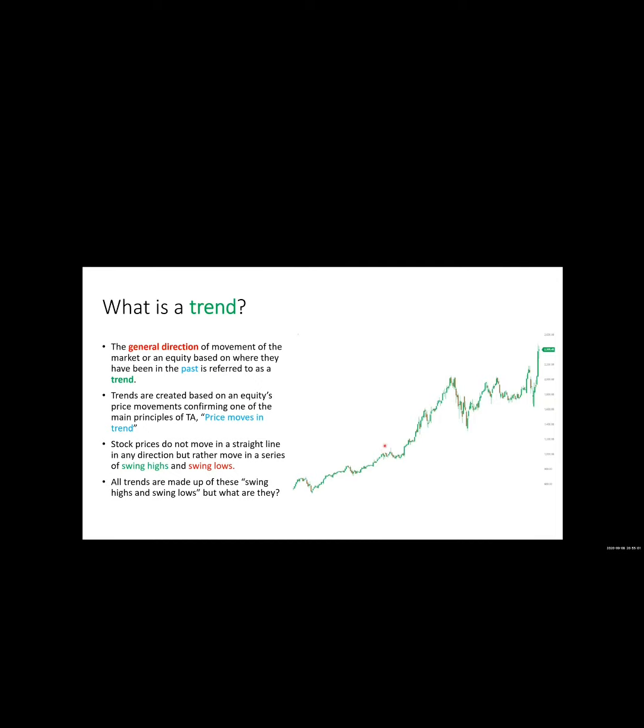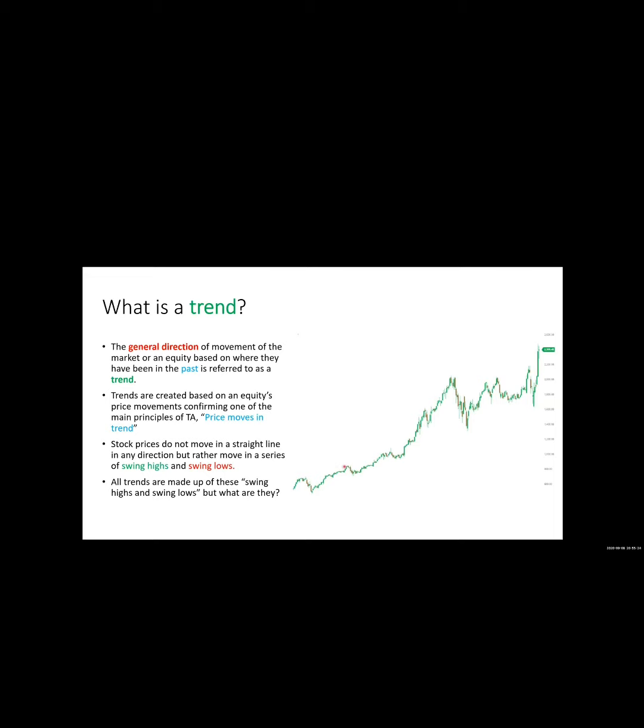That is what we call a trend. And a trend is created based on the past price movements of the stock. So over here, it was low, then it created a new high here. By comparing this low point and this high point, you're able to tell that the stock price has moved up. And by comparing this low point to this point here, you can tell that the stock price has moved up.